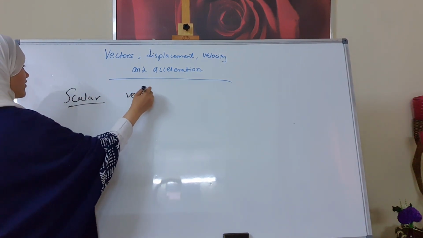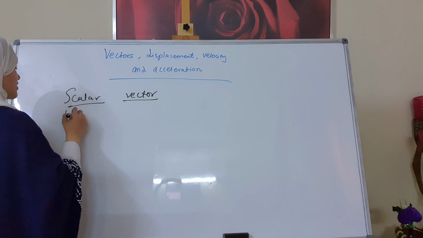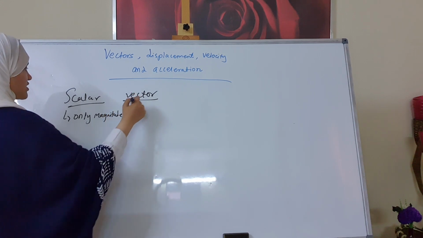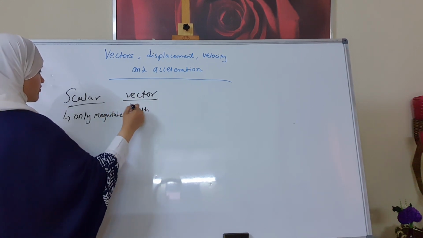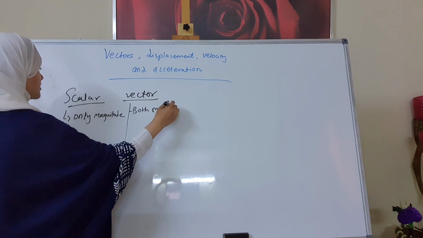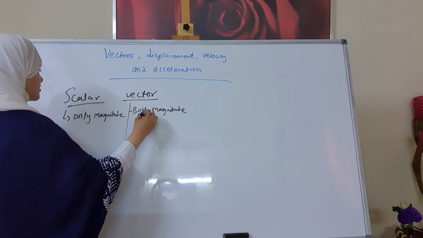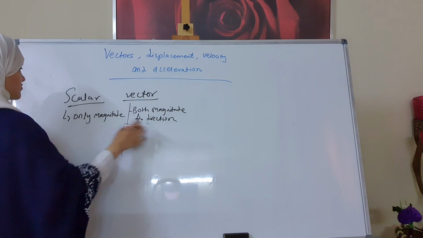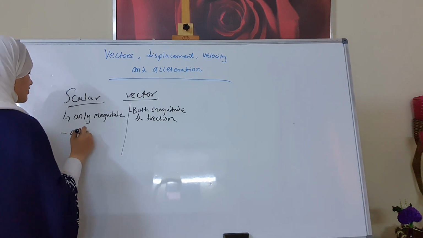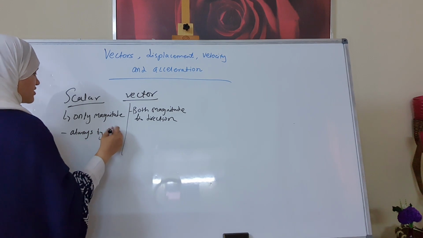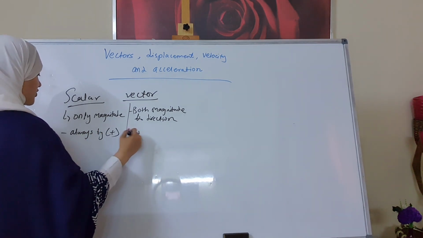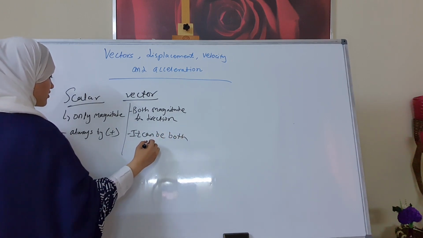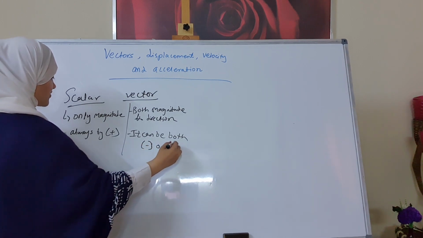So to write the difference between scalar and vector, here it's only magnitude and here it's both magnitude and direction, right? And here always a positive sign, but here it can be both, negative or positive sign.